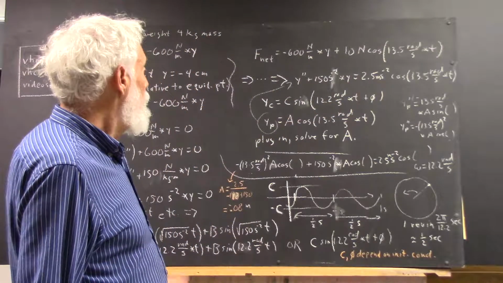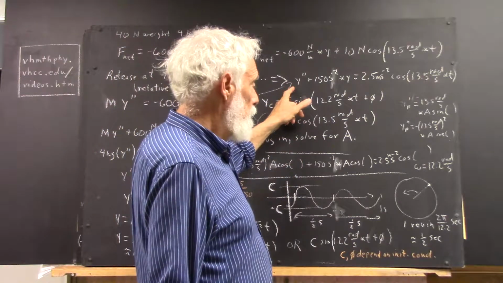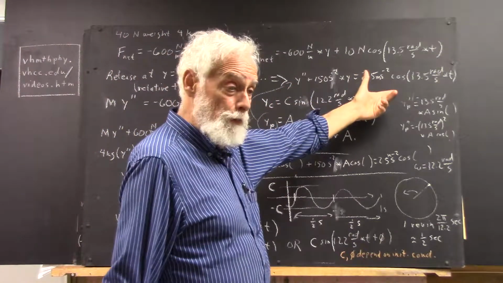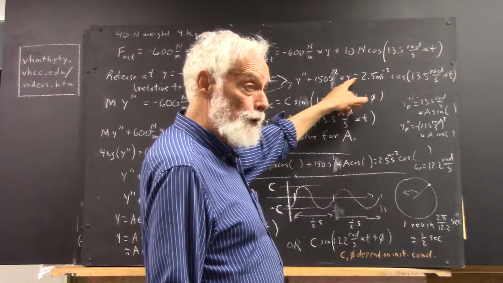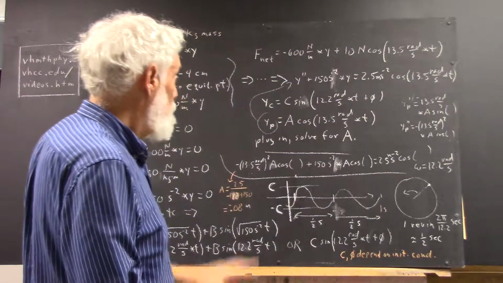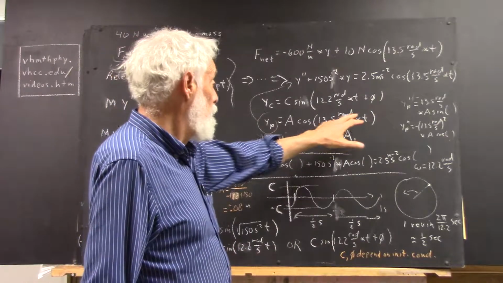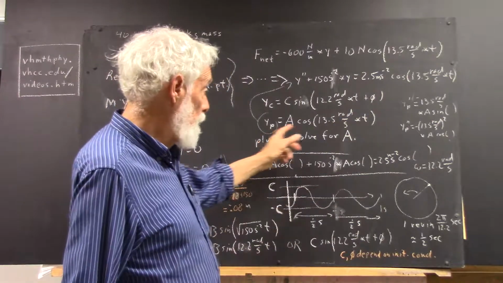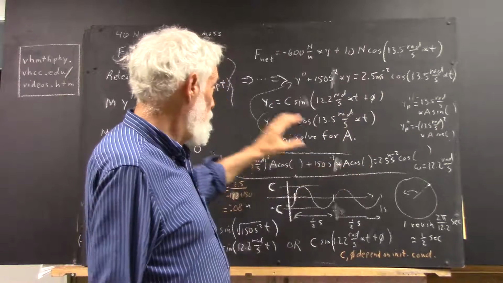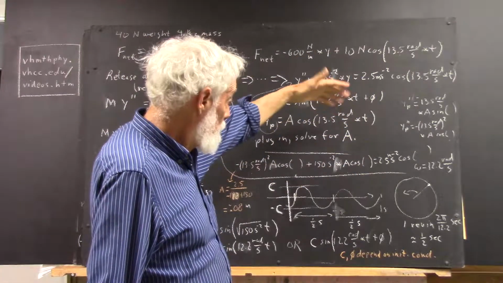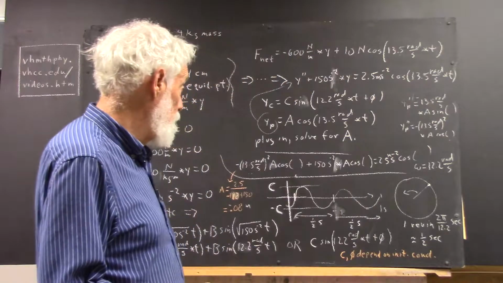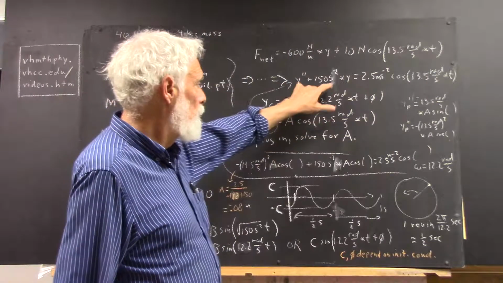Okay, the only function whose second derivative is a cosine function is the cosine function. And of course, the function itself is a cosine function. So we just have a cosine 13.5 radians per second times t. Now in general, it'd be a combination of a cosine and a sine of 13.5 radians per second times t.